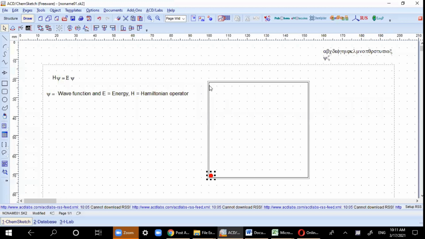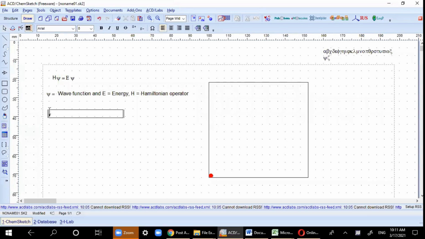And one more thing, for the psi wave function we have to discuss three conditions.